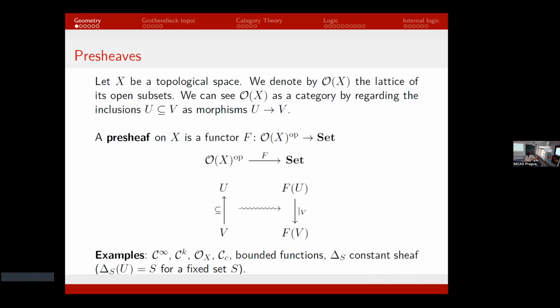Then you have bounded functions, and the last one is probably the most useful one, which is the constant presheaf, trivially defined as: to every object we associate the same set S, and the restriction map is just the identity. So it's a trivial object, but it's there and can be used.